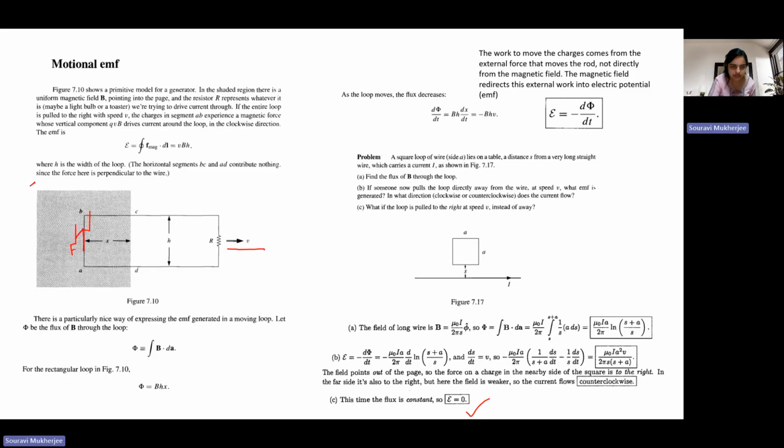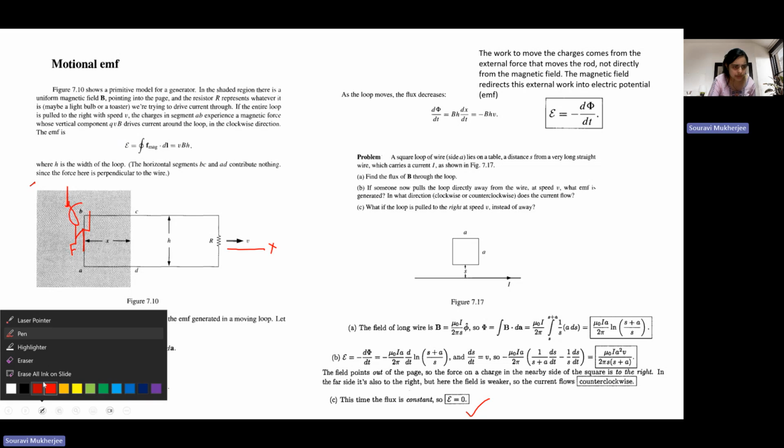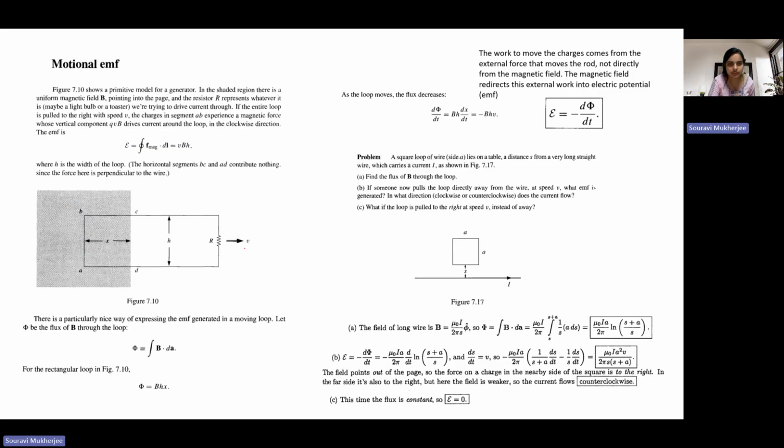If this is x, then the force was along y, perpendicular to the direction of the velocity. And when we finally solved it, we saw that the EMF generated is proportional to the dimension along the force, or you can say the dimension perpendicular to the velocity.